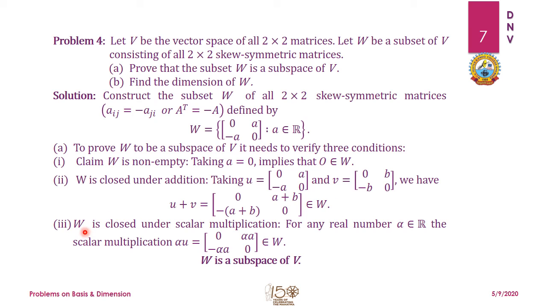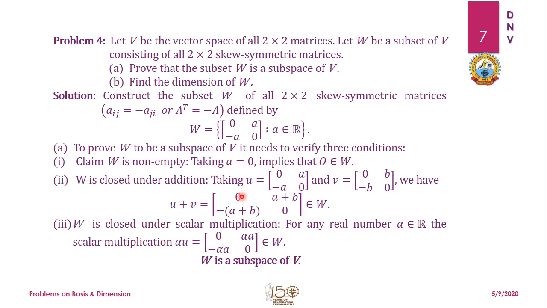And the third one is that W is closed under scalar multiplication, and for that we consider any arbitrary real number alpha, and we take the scalar multiplication alpha U. It becomes alpha into 0, alpha into A, minus alpha into A, and 0. And again, if we compare it with the elements of this W, these seem to be the same.